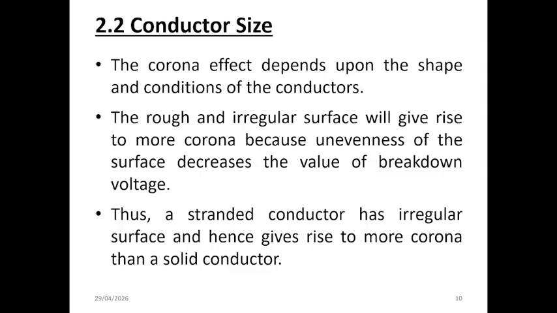A rough or irregular conductor surface tends to increase corona formation because surface imperfections cause localized intensification of the electric field, which reduces the breakdown voltage of air around the conductor. As a result, ionization occurs more easily at these points. In comparison, a smooth conductor provides a more uniform electric field distribution and therefore experiences less corona.